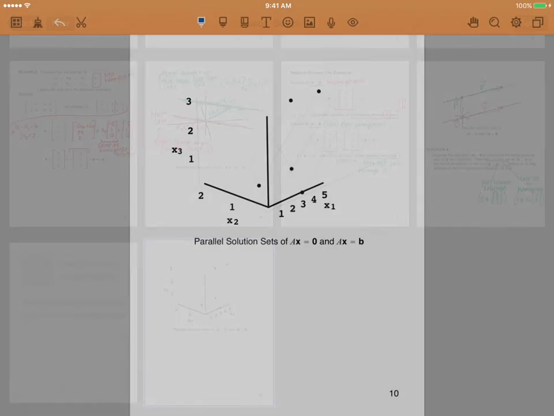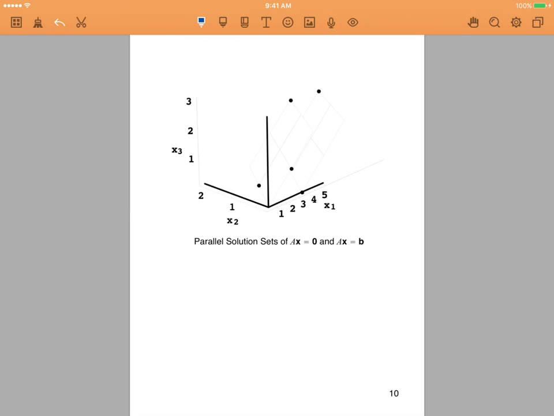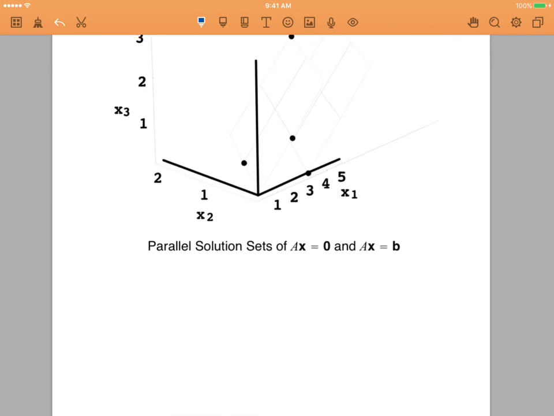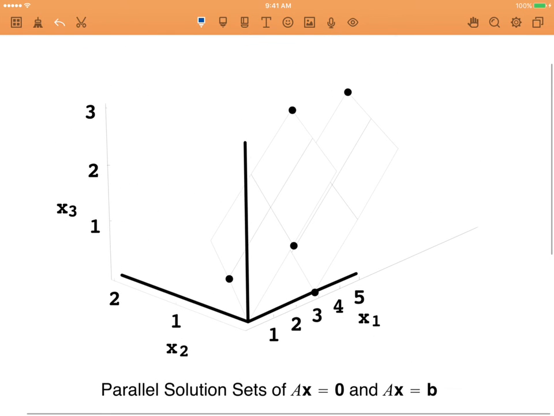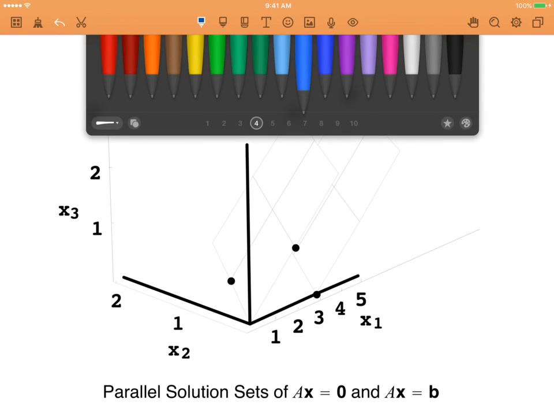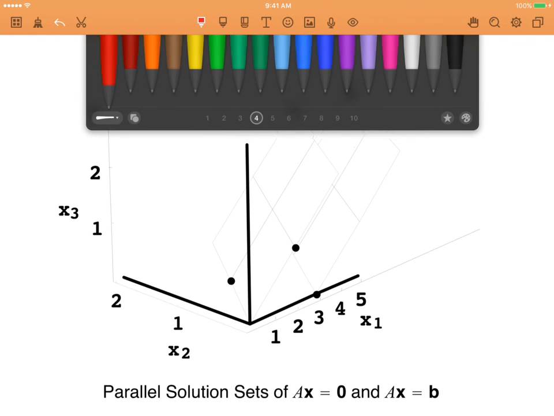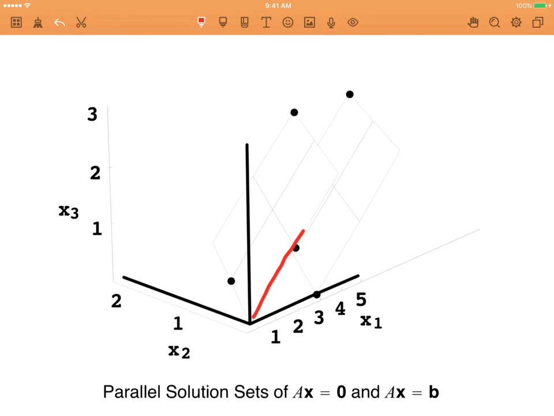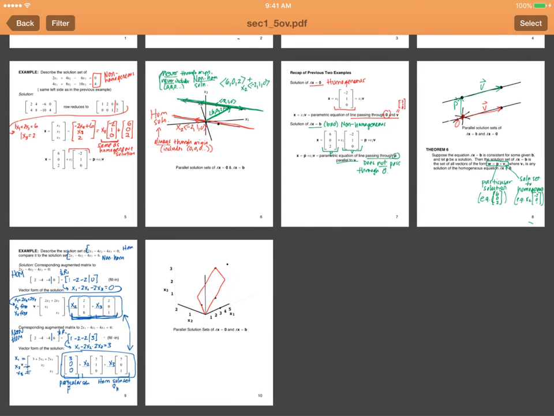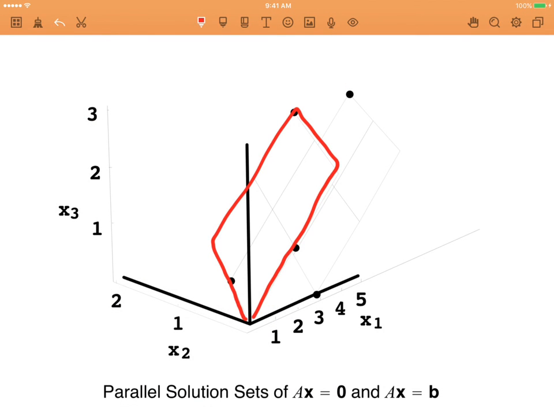and here's what it looks like. This is actually two planes. Let's get this a little bigger so it's easier to see. I'll use the color coding I used originally, where I think the homogeneous solution set was red. So there's a plane here. I'm going to label this correctly. So 2, 1, 0 and 2, 0, 1.